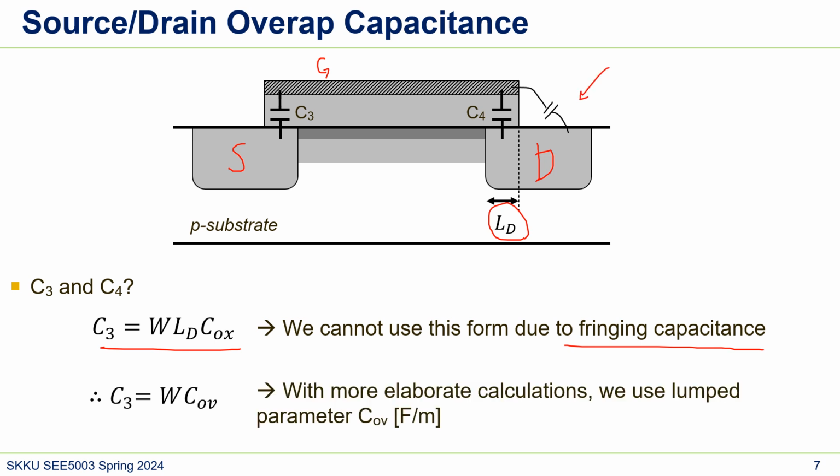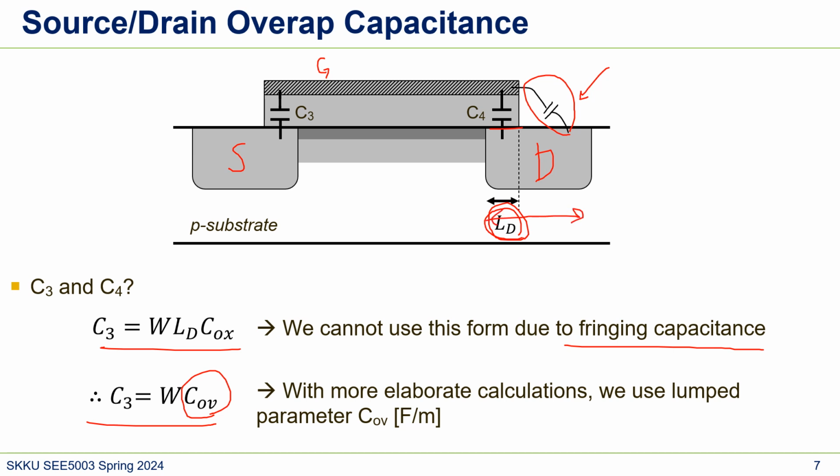So what people do is make it a new parameter that includes the fringing capacitance and also this LD, this overlap, because this overlap length is usually decided by the technology. You know why? Because people try to make this as small as possible. We don't want this to be this long.